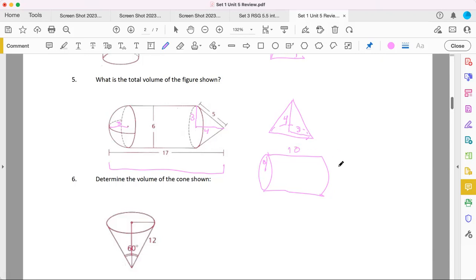So you can do a quick pi r squared times 10. You can do volume of the cone with that. And then you can get half of the sphere, so that little bubble that's kind of poking out. Semisphere, so get the half of the semisphere. And then just add those up. I don't think they're too bad.